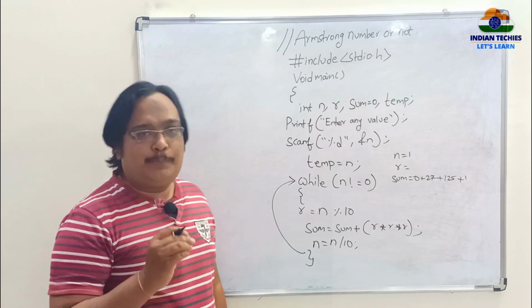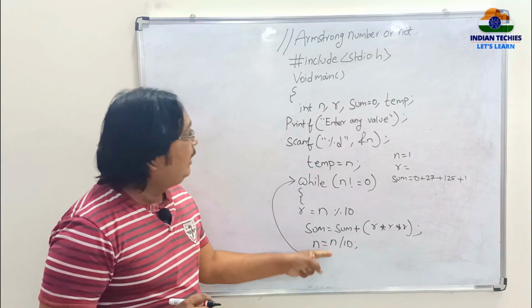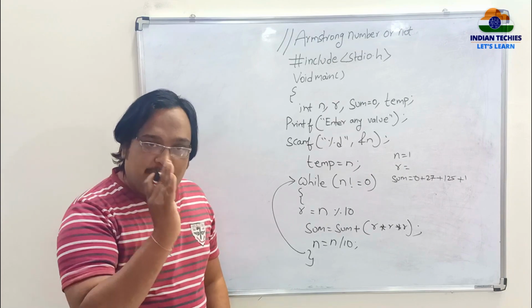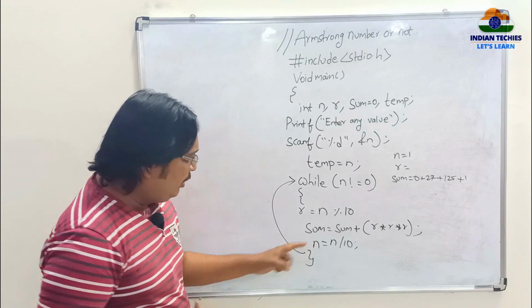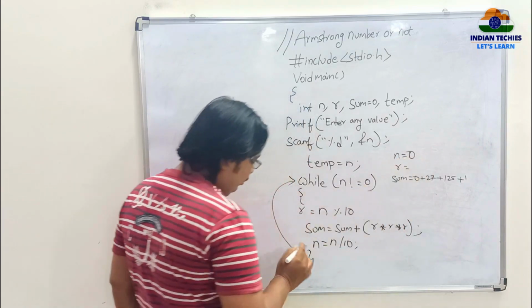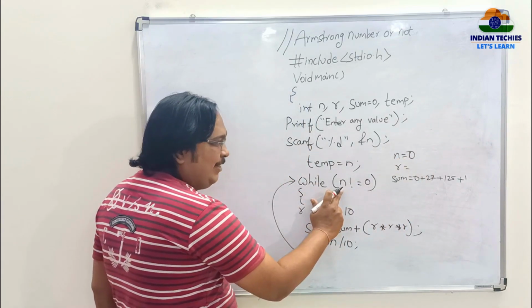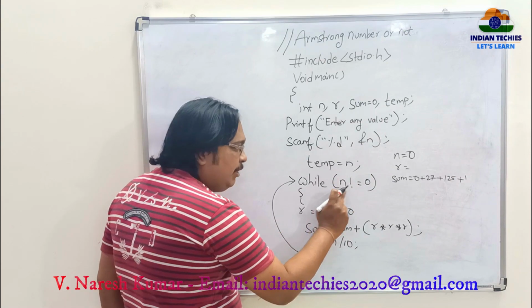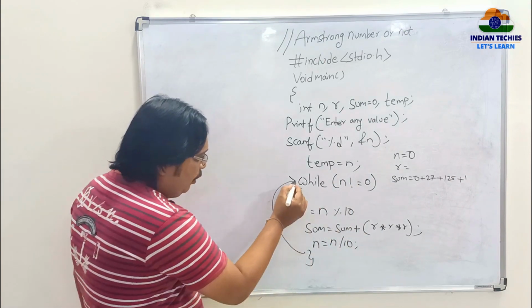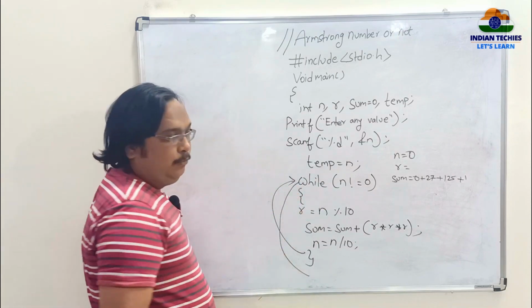It comes as 0.1. Since I declared n as an integer, the decimal part will be ignored and only the integer value will be stored. Now n value is 0. So go up. What is n value now? 0. 0 not equal to 0? No, it is equal to 0. You come out of the while.